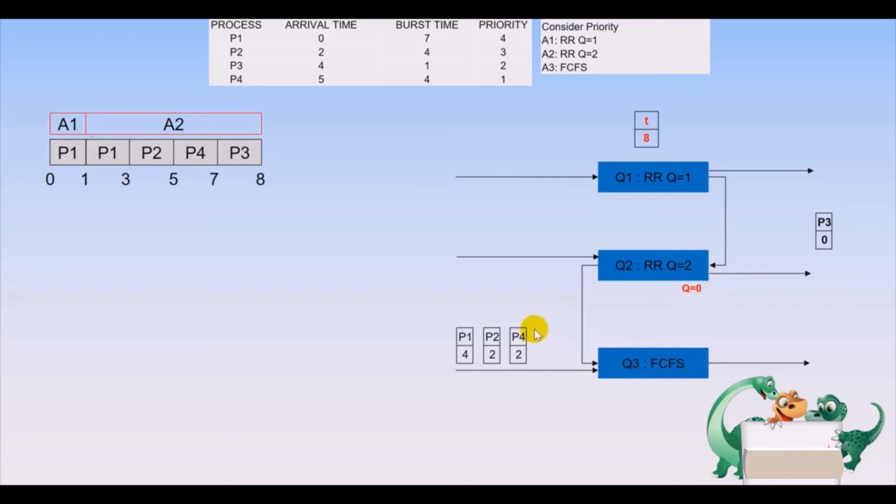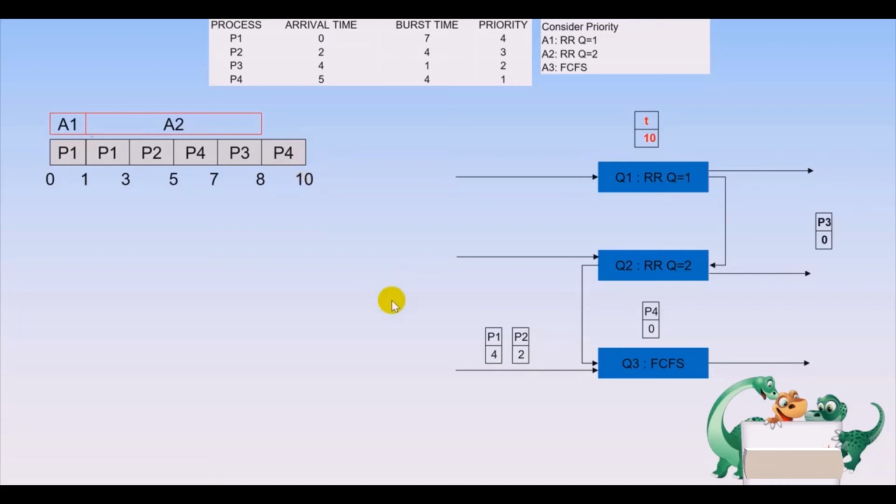So after P3 has been terminated, we are now ready to start Q3. On Q3, there were already 3 processes on the queue: P1, P2, and P4. What will happen here is we need to implement a priority first come first serve, because we do have the priority there. P4 has a remaining 2, so after 10 milliseconds, P4 has completed its execution.